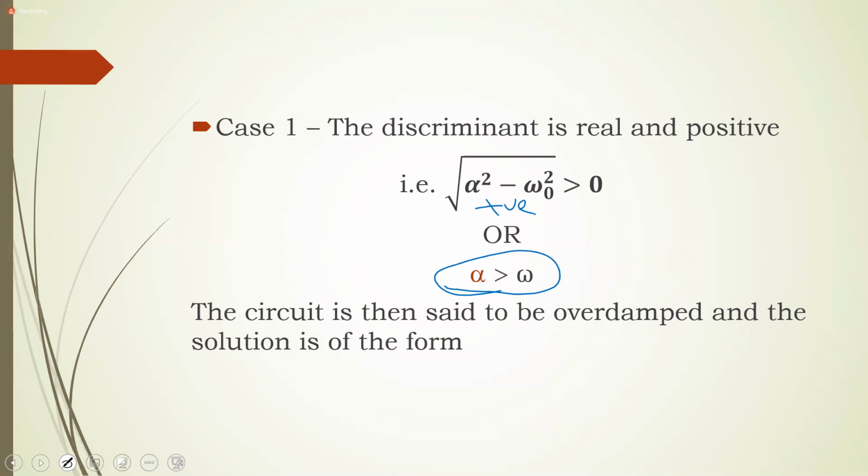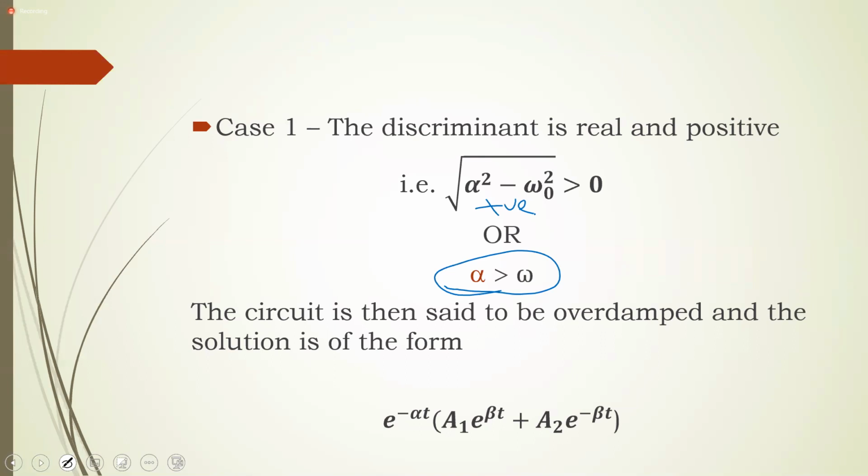Now, for an overdamped signal, the solution will be in the form e to the minus alpha t, a1 e to the beta t plus a2 e to the minus beta t.